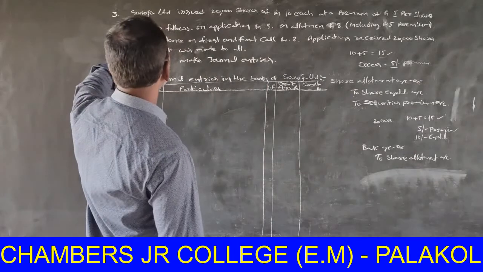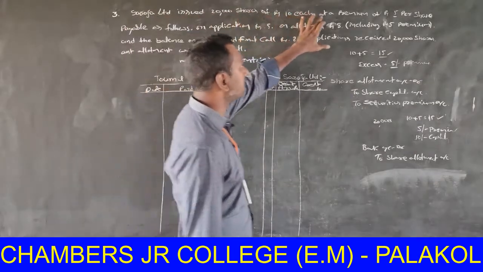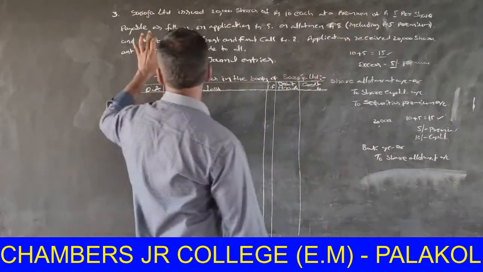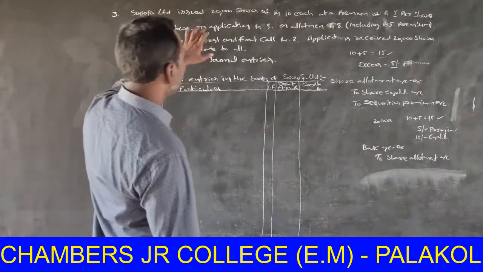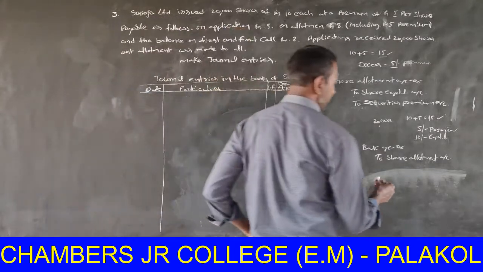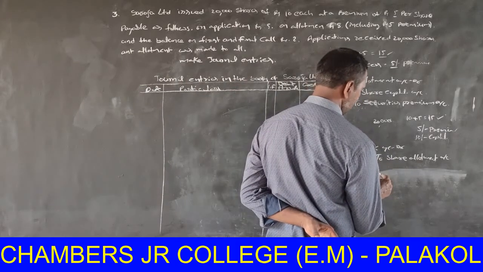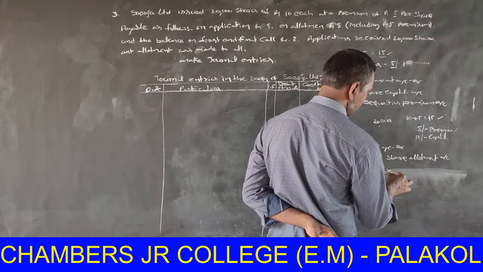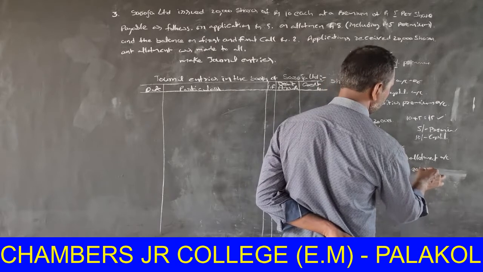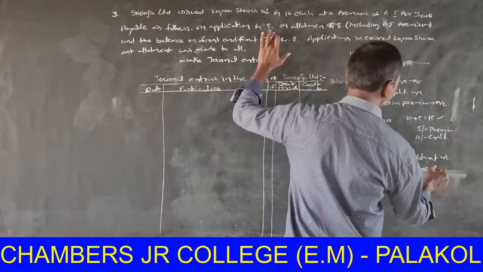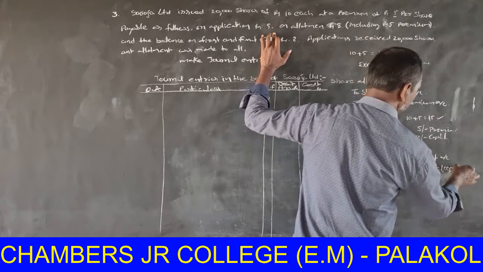Now see the problem. Saroja Limited issued 20,000 shares of rupees 10 each at a premium of rupees 5 per share, payable as follows. On application rupees 5. Here the company collected money on application: 20,000 shares into 5 rupees, 20,000 into 5, 1 lakh.